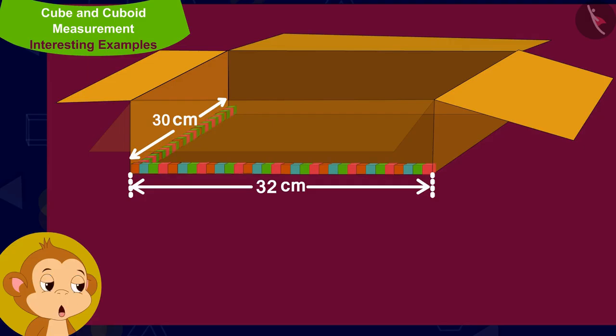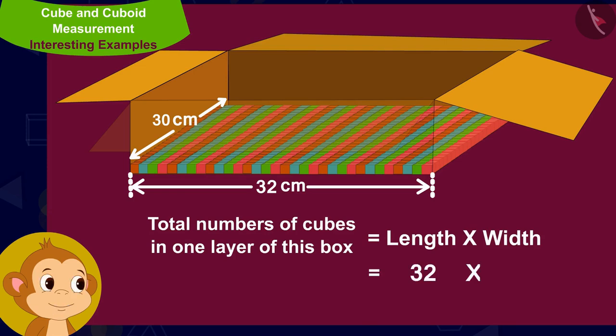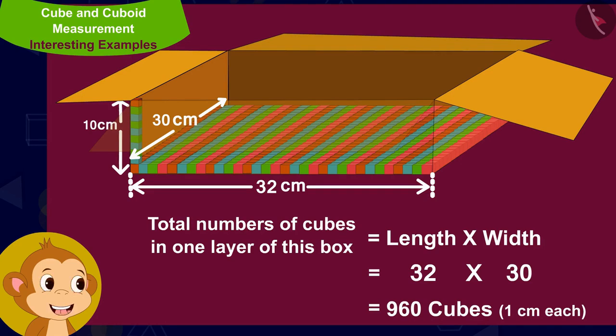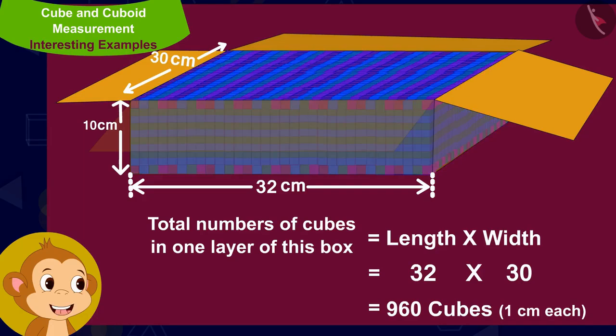This means that in one layer of this box, there are its length times width, or 32 times 30, 960 cubes of dimension 1 centimeter each. The height of this box is 10 centimeters. It means there will be 10 such layers of cubes of dimension 1 centimeter each.